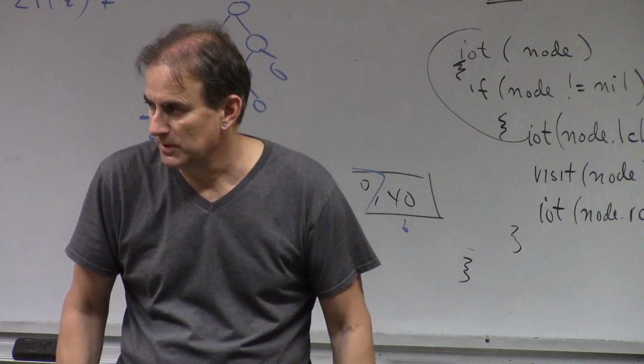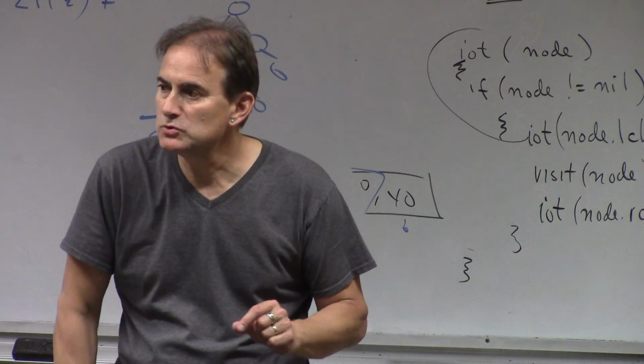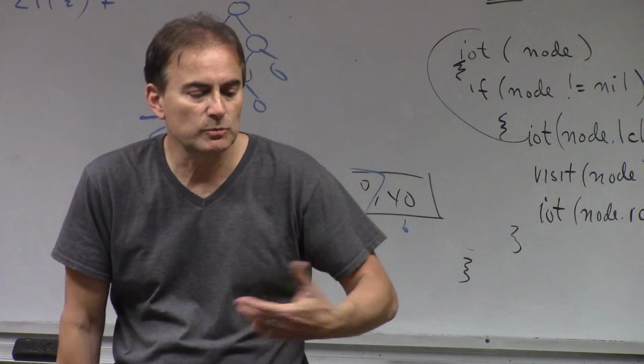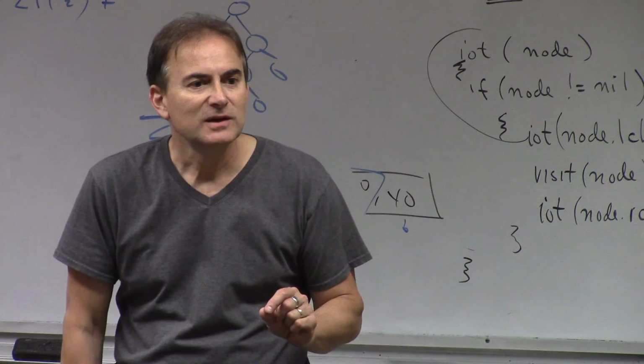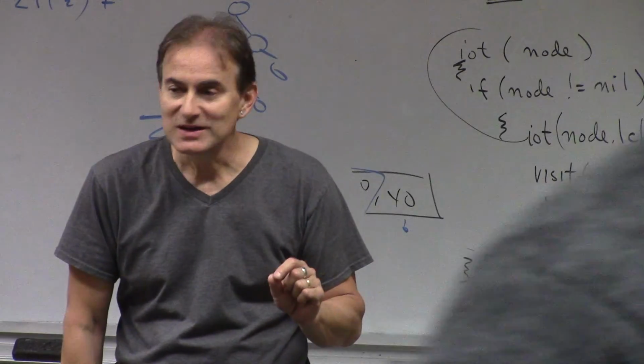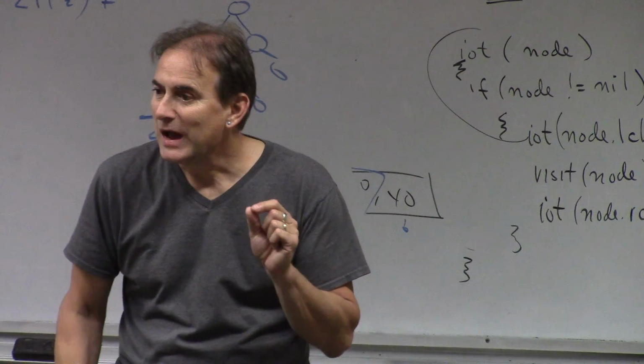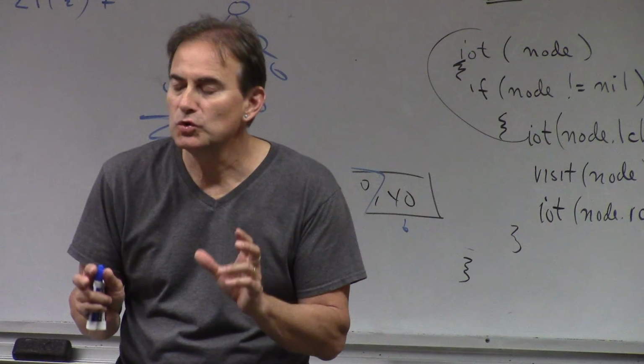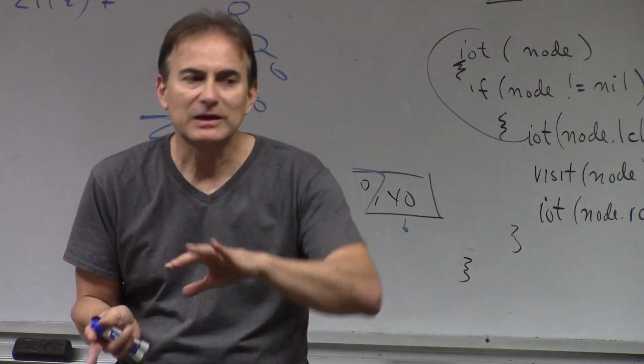We don't know what the shape is going to be, because the shape will be driven by the sequence of insertions, and the sequence of insertions will be random. The tree will have an exact relationship in terms of some of its properties to the quicksort. And I'll get to that next week.